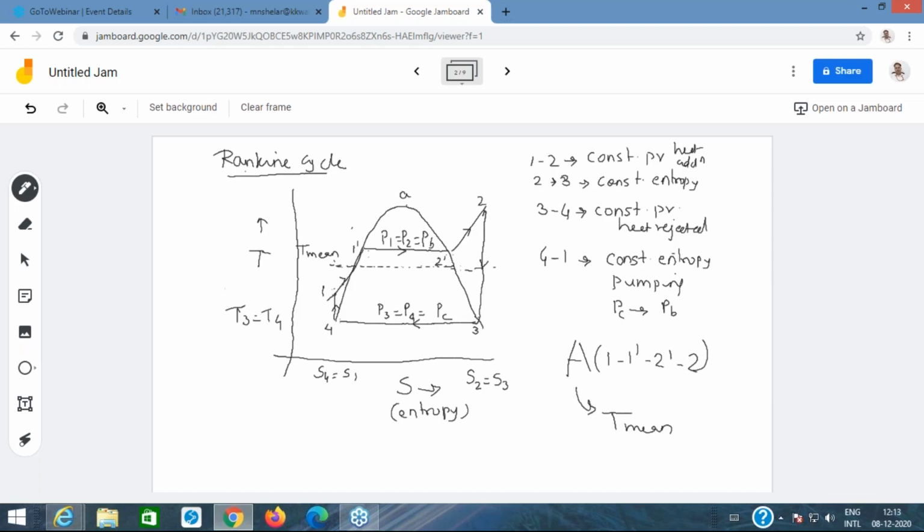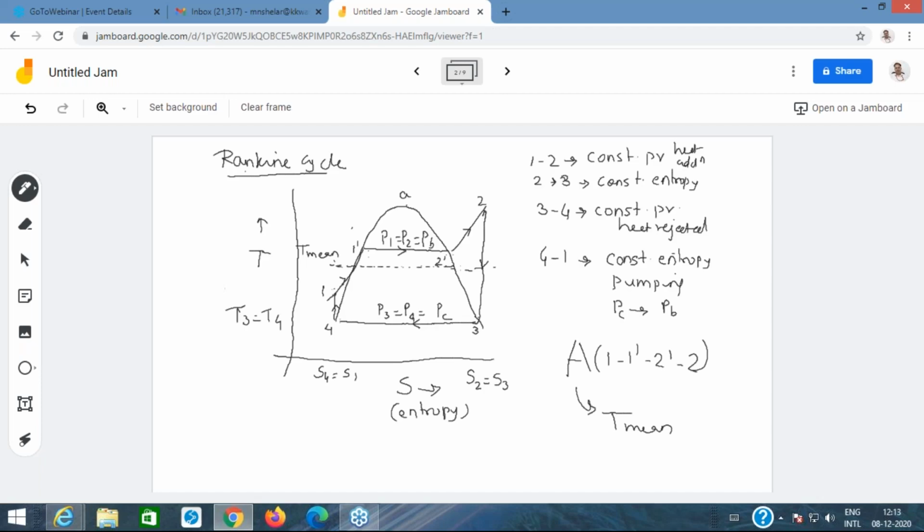Is this clear? What is the mean temperature line? The mean temperature line is a representative line on the temperature entropy diagram whose area is the same as the area under 1, 1 dash, 2 dash, 2. So mean temperature of heat addition is a concept which allows us to replace the varying temperatures by a single constant temperature.